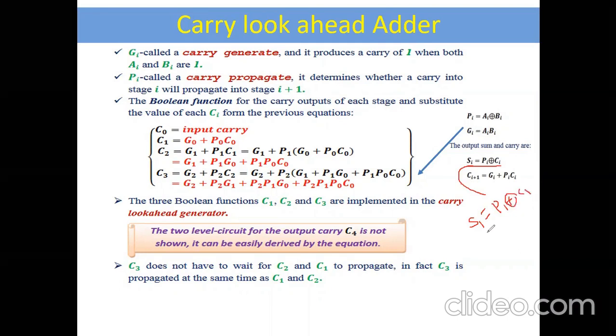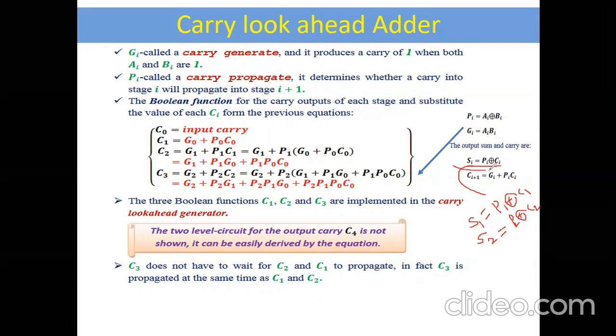Then how to find the sum of the next full adder? S2 equals P2 exclusive or C2. In the same way, we can find S3 and S4 and so on for an n-bit parallel adder.